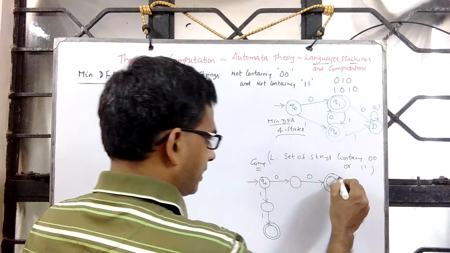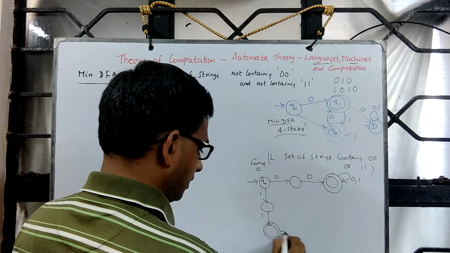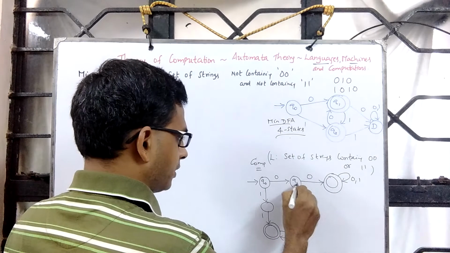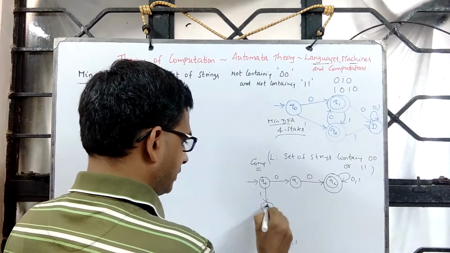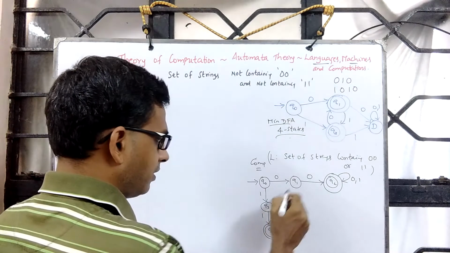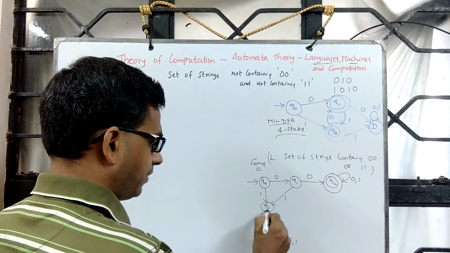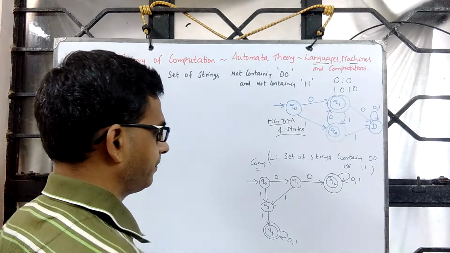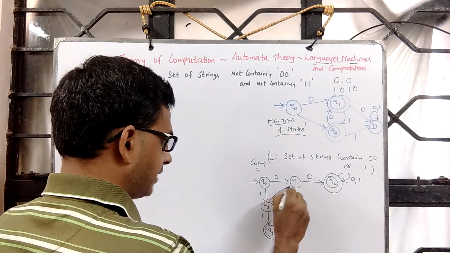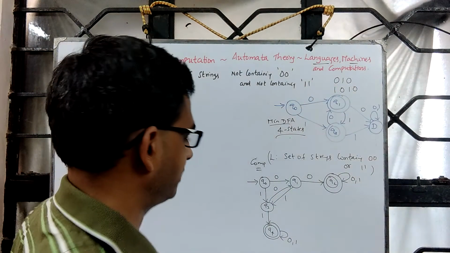There are other transitions, right? At this place 0, 1, at this place 0, 1. After reading a 0, we may read a 1. So there is a possibility that we read a 1 and we read another 1 and then complete. Or after reading a 0, we may read a 0 and then read another 0 and complete this.